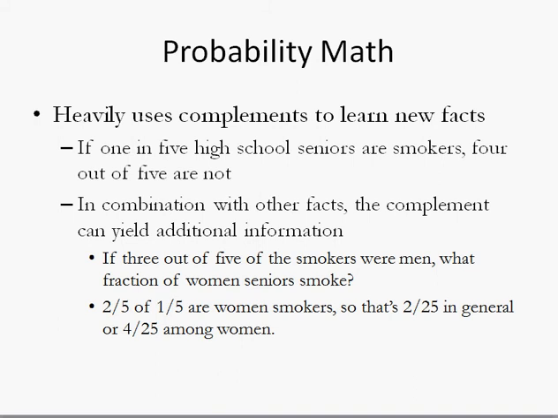Because 3 out of 5 smokers were men, that would mean 2 out of 5 smokers are women. So 2/5 of the 1/5 are women smokers.